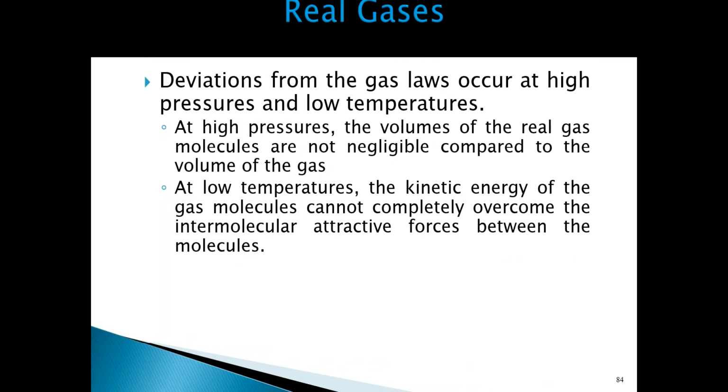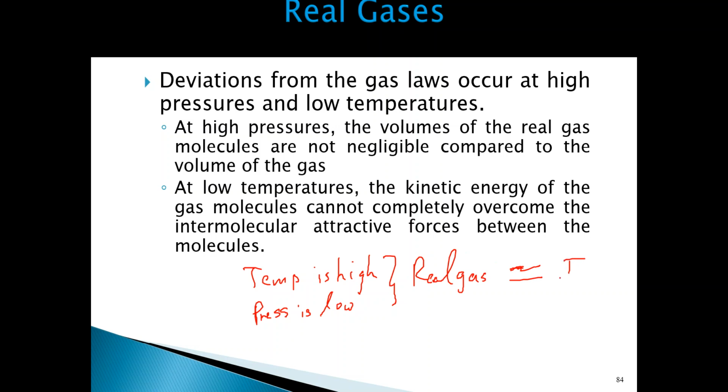So let me just say here that even though that is true, it is possible to alter conditions such that real gases behave as ideal gases. And the two conditions are that if the temperature is high for the gas, and if the pressure is low, then real gases will behave approximately the same as ideal gases.